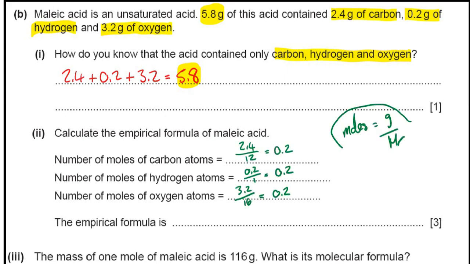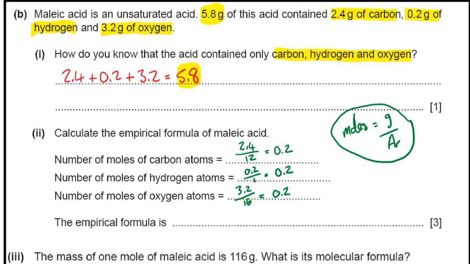So again, we've got moles equals grams over Mr, or in this case it's actually Ar, because we're looking at the moles of the atoms here. So we've got grams over Ar: carbon 2.4 over 12, hydrogen 0.2 over 1, and oxygen 3.2 over 16.